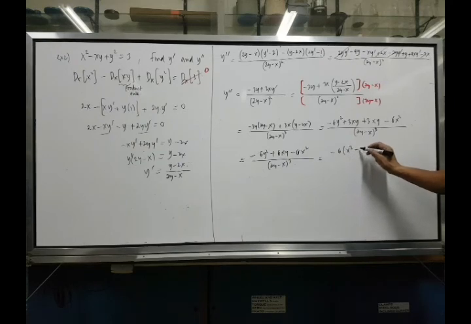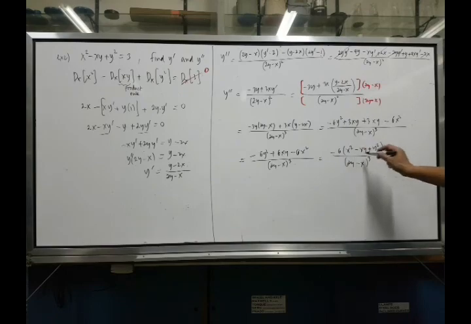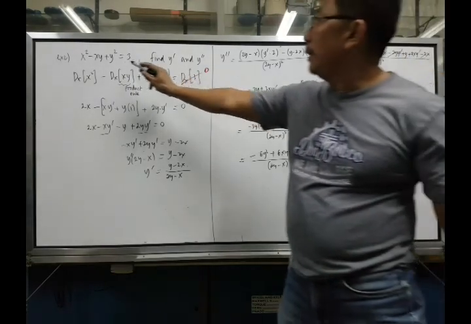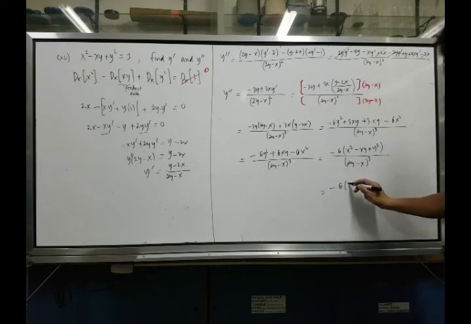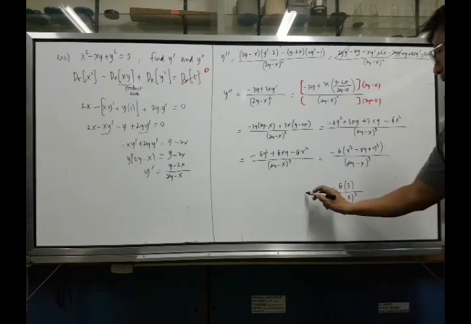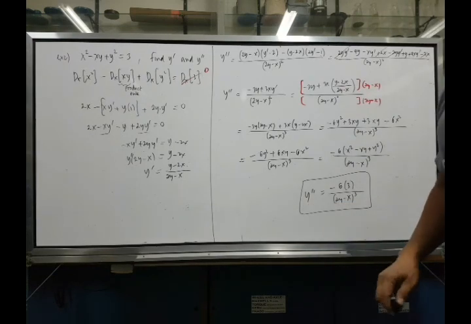So (x squared minus xy plus y squared) divided by (2y minus x) cubed. But this is exactly equal to 3 according to our given. So this is negative 6 times 3 divided by (2y minus x) cubed. So that will be y double prime.